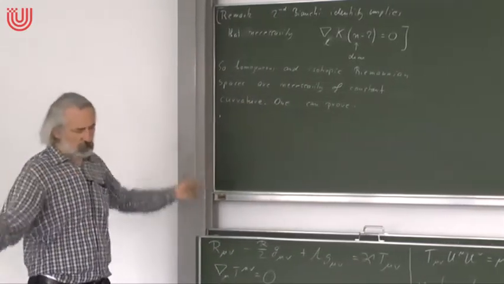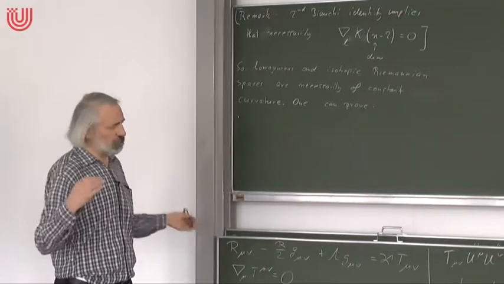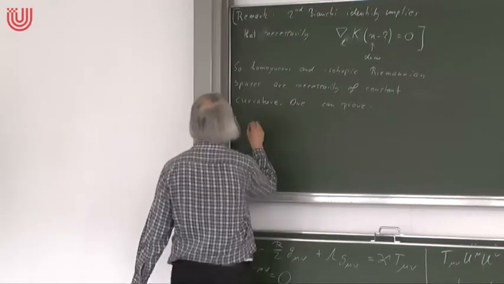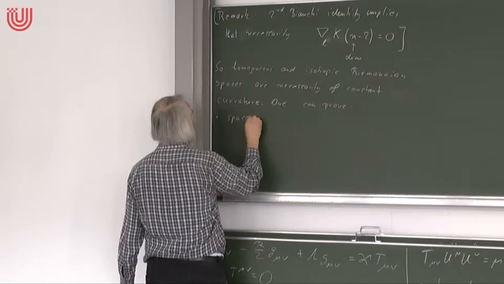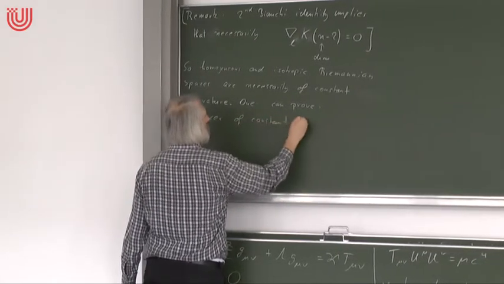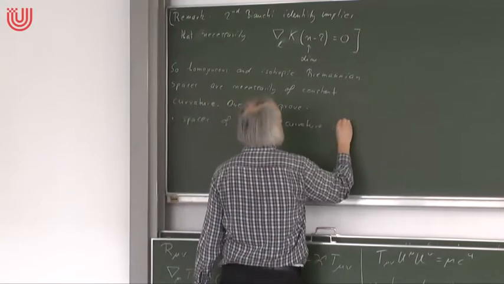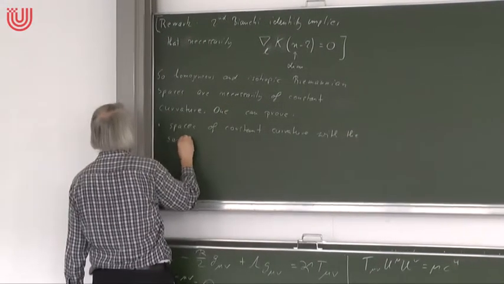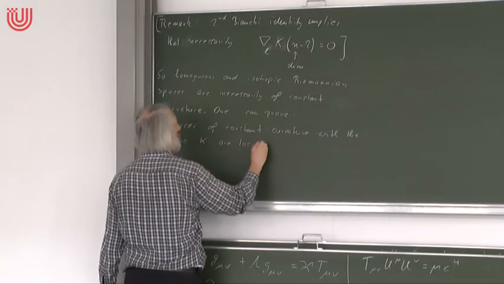If they were really globally the same, if they also had the same topology and they were globally one-to-one, then one would say they are globally isometric. So spaces of constant curvature with the same K are locally isometric.